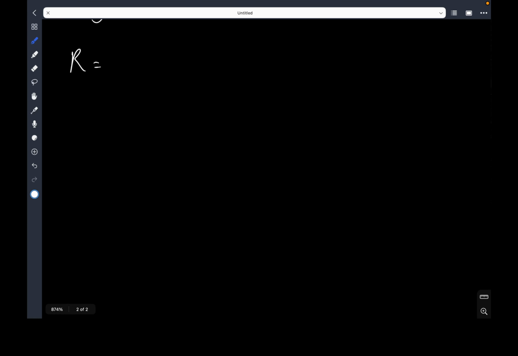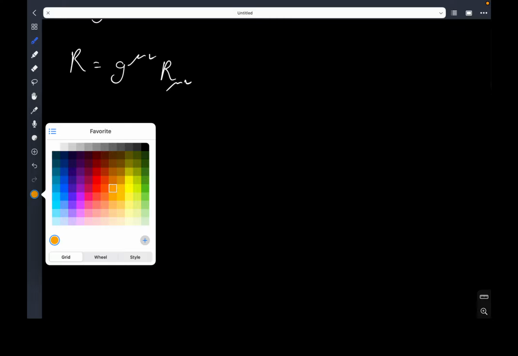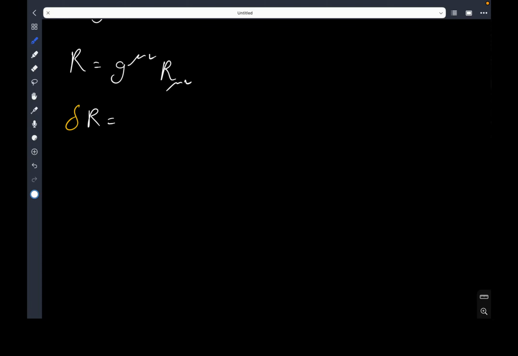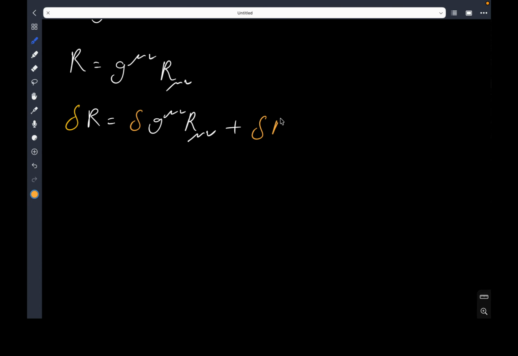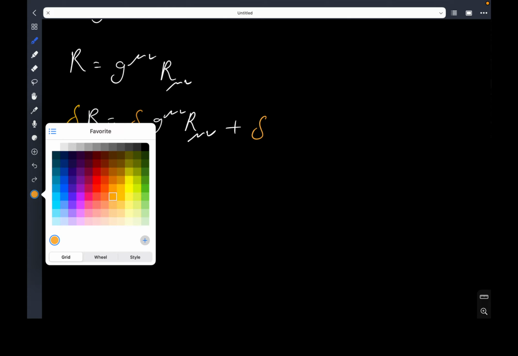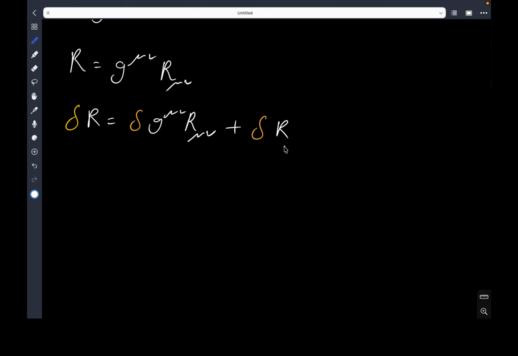So the Ricci scalar is defined, as I told you, as g mu nu R mu nu, which is an Einstein summation convention, and taking delta of it, the variation of R is just like the product rule, delta g mu nu R mu nu plus the variation of R mu nu g mu nu.